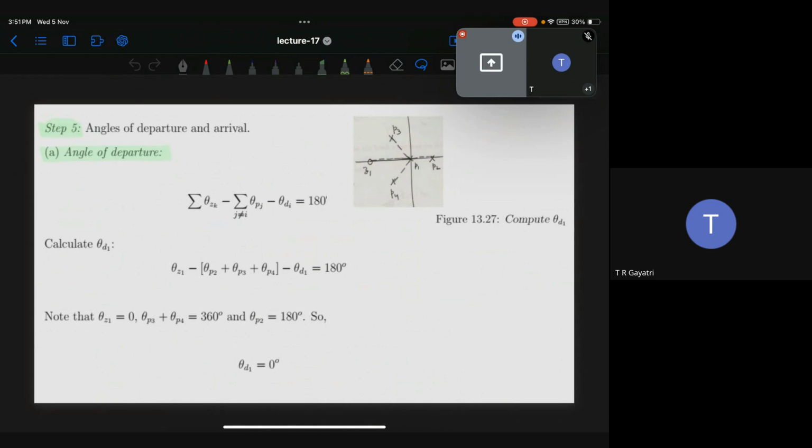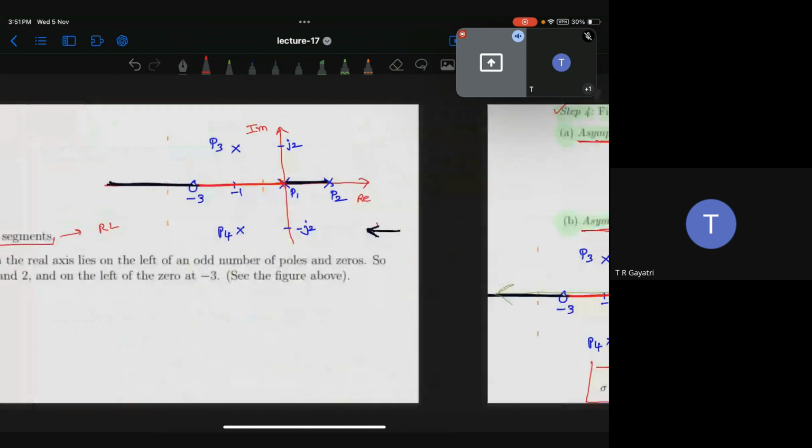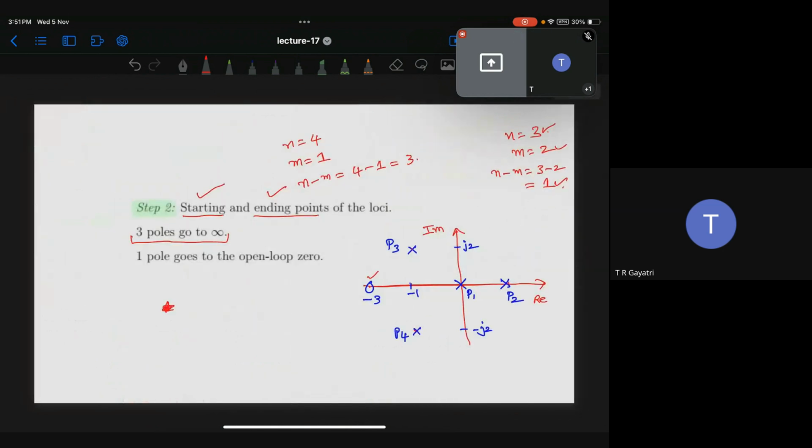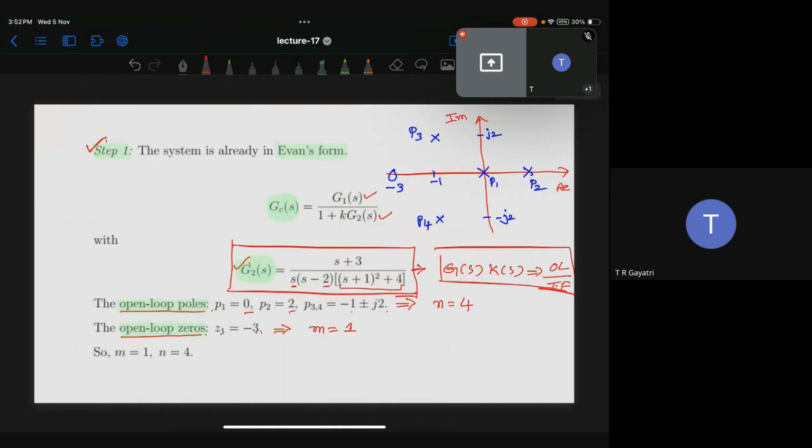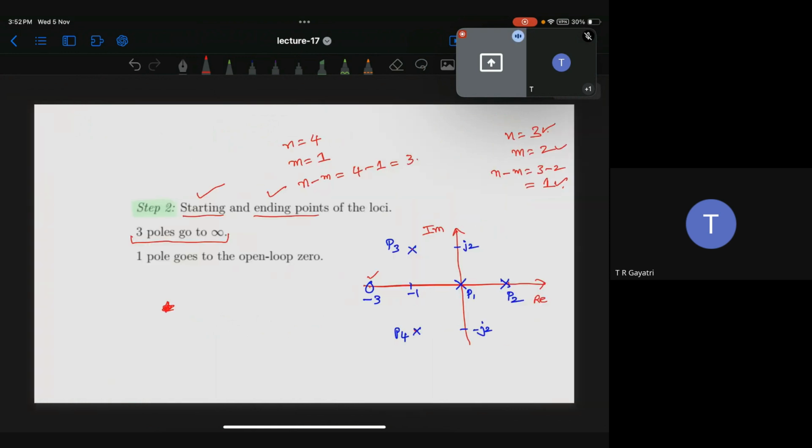So next we will do two things, because we said there are two things: departure and arrival. Departure means the starting, and arrival the ending, of the root locus points. Correct? We said that we have four poles.